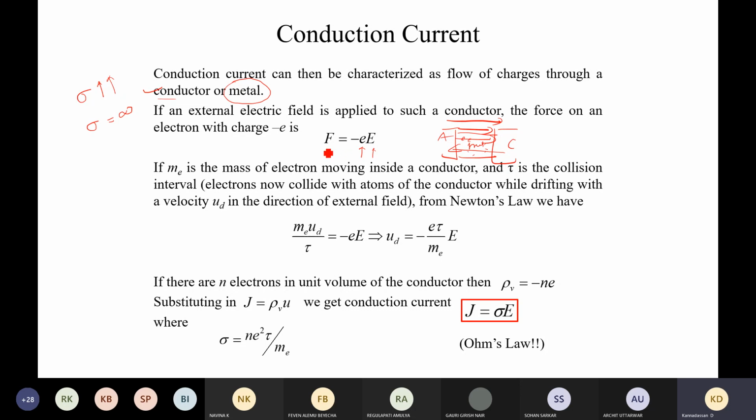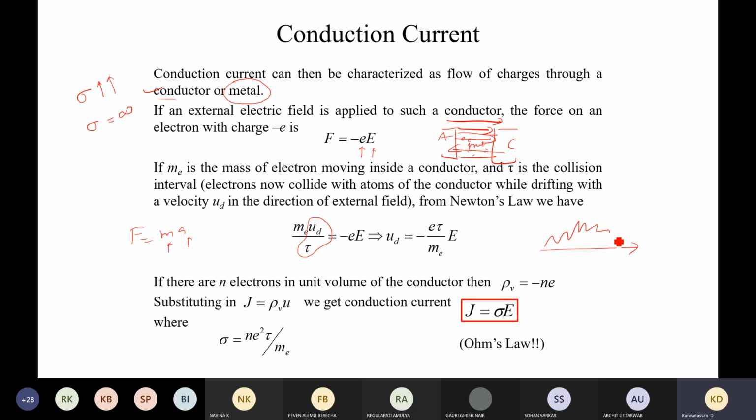And this is the force required for that. This force we can easily calculate with respect to the movement of charges. We know that F equals ma, where m is the mass of the electron and a is the acceleration. This acceleration can be easily calculated from the drift velocity and the mean free path time. The electron will not travel in a metal simply in a straight line.